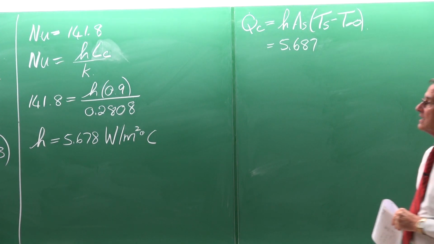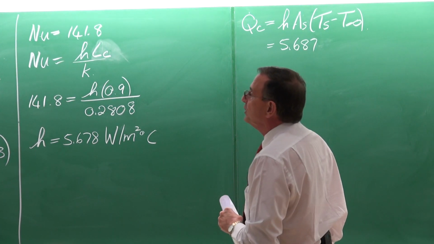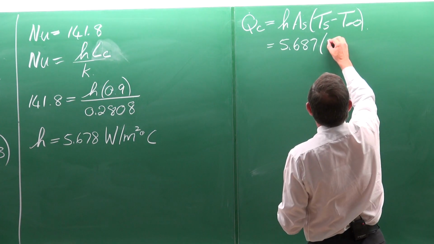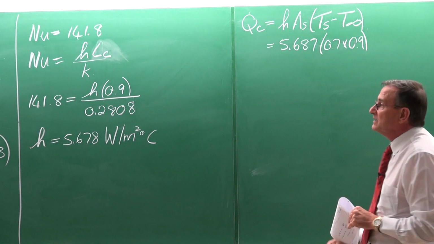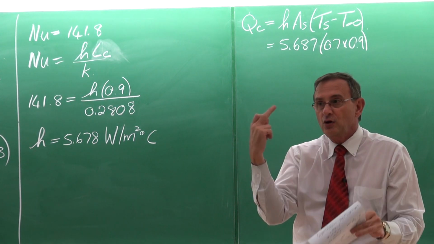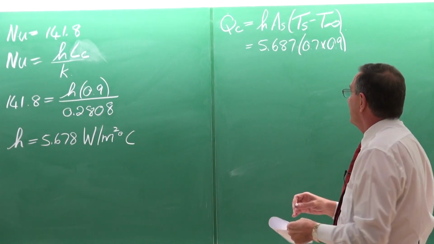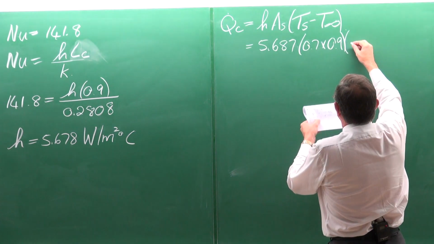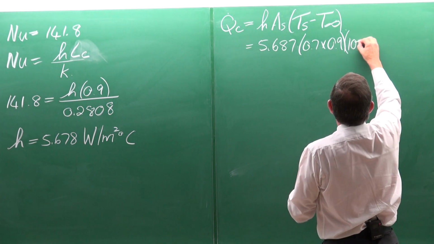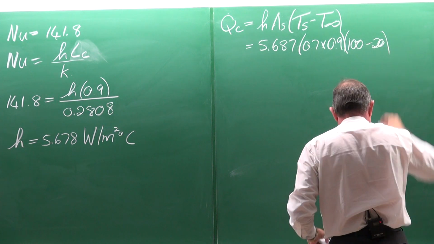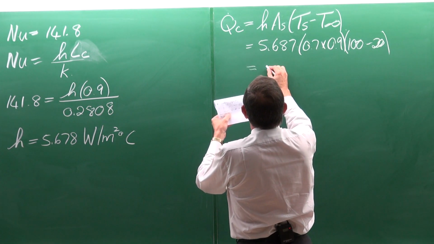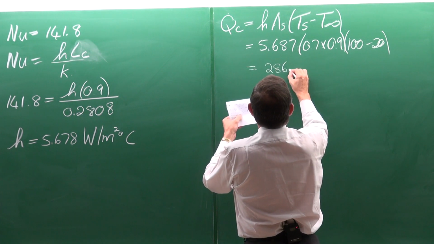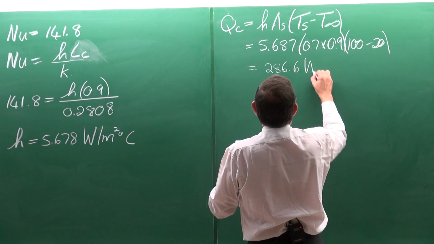The surface area is 0.7 multiplied by 0.9. So take note, the plate is not heated on both sides, it's only one side. On the other side it's insulated. And then the temperature difference is 100 minus 20. And the result is a heat transfer rate of 286.6 watts.